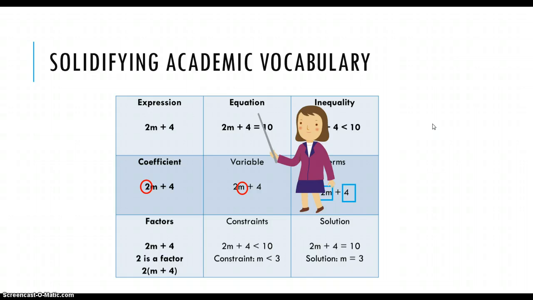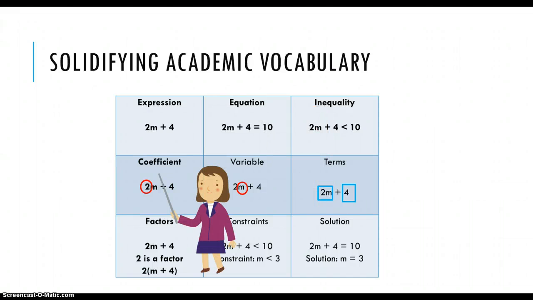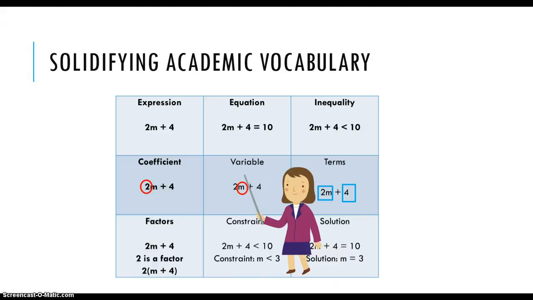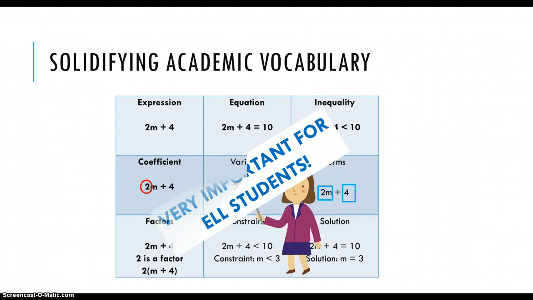So this way, students who are mostly visual learners are seeing the word and the example together, and they begin to associate the two to build that academic vocabulary. This is very important for our ELL students. And again, math is a foreign language to most of our students. So most of our students in a math class are language learners.